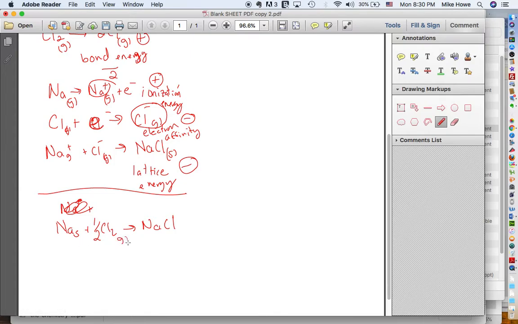And that was gas, and that was solid. Right? And so, when we add all the energy changes together, we would get the overall energy change. So E, the overall energy, equals the sum of all the changes.